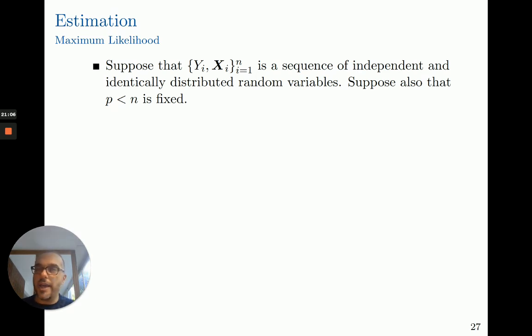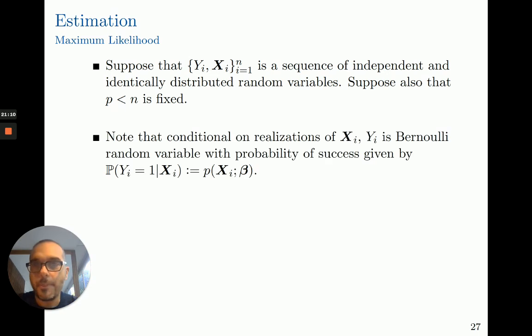So we are in fact in the low dimension environment. Note that conditional on realizations of X, Y is a Bernoulli random variable with probability of success given by the probability of Y equals 1 given X, which for simplicity we are going to write as lowercase p of x beta.